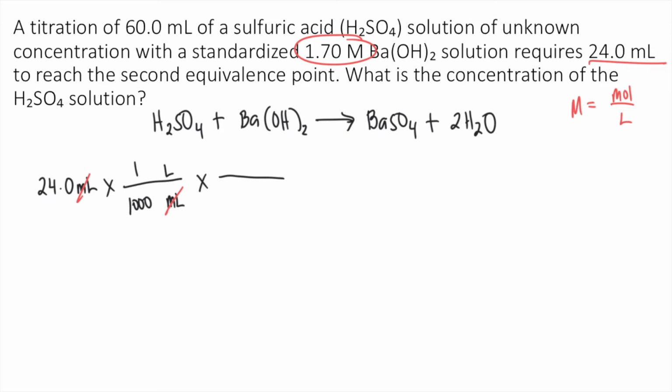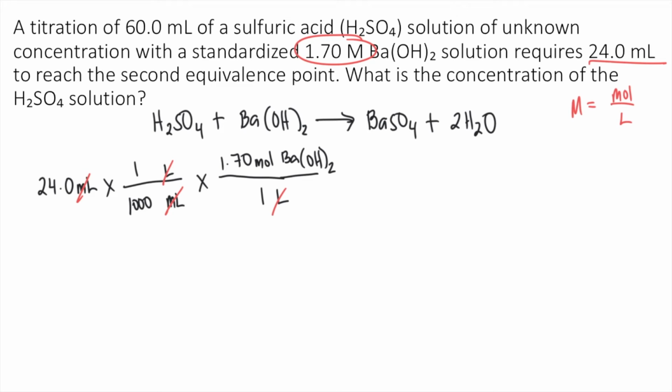Okay, so again, 1.70 moles of barium hydroxide for every 1 liter of the solution. So the liters would cancel out, and now you have moles of barium hydroxide.